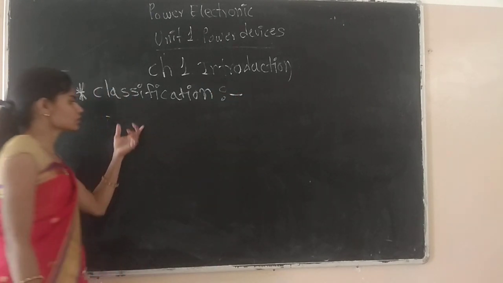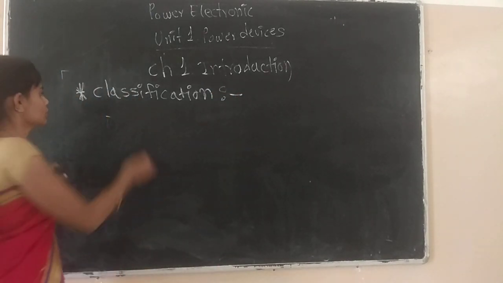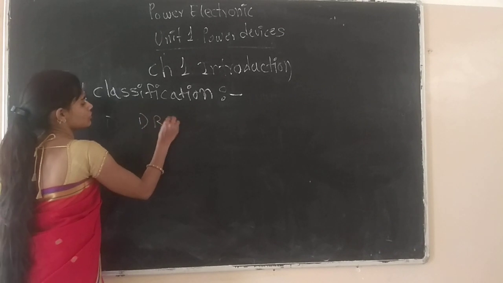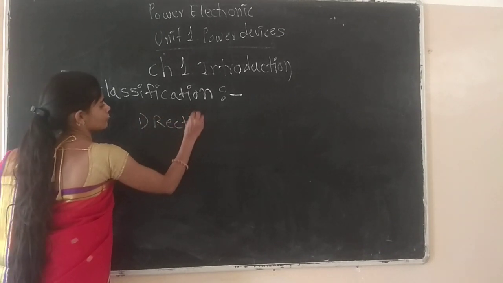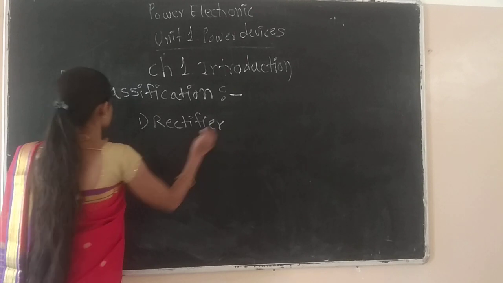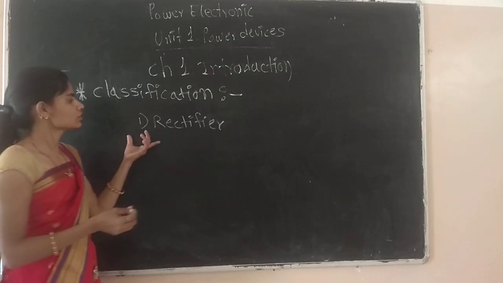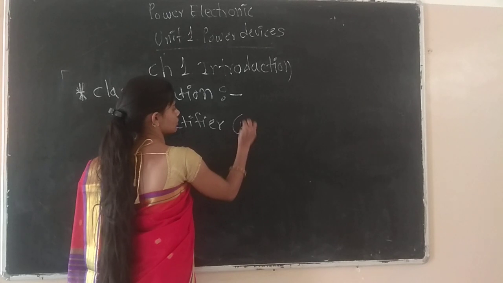In classification there are a total of 6 types. The first one is the rectifier. We saw this rectifier in the last lecture. This is an uncontrolled converter.